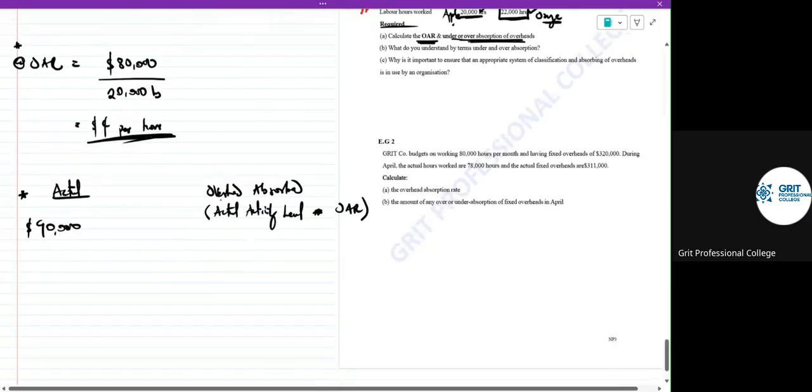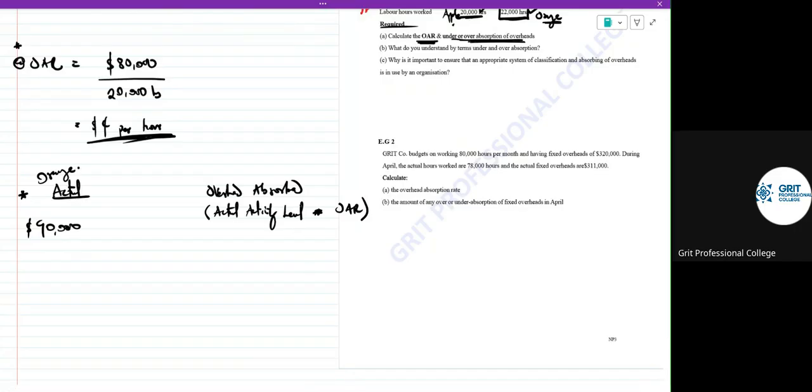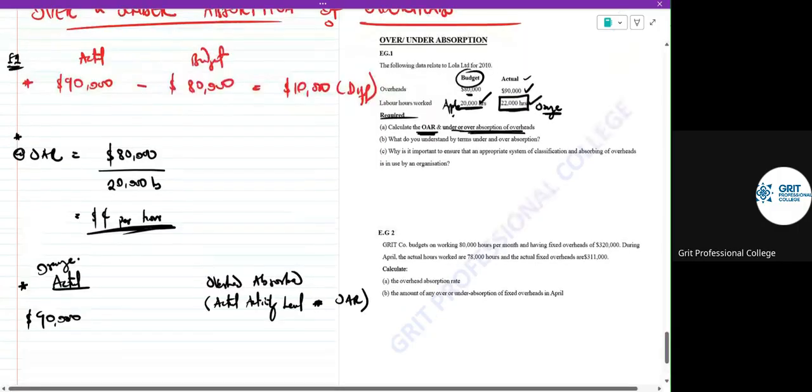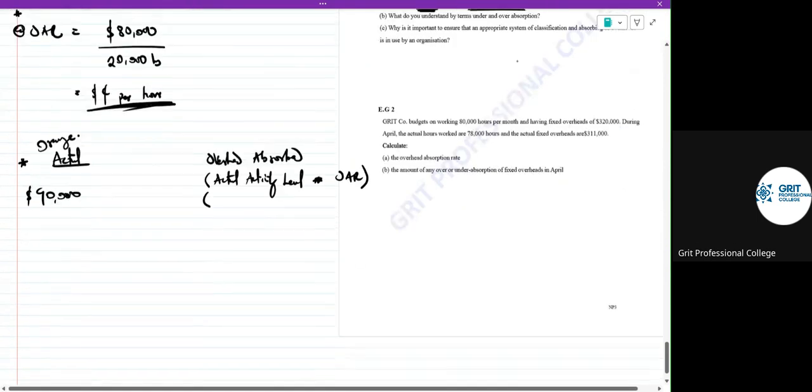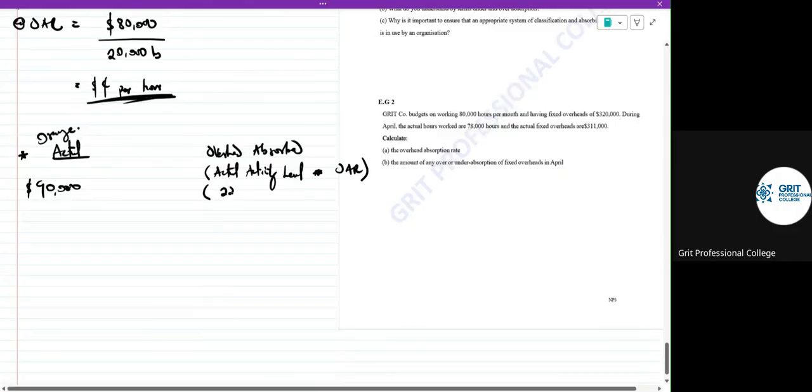All right. So I have an orange over here. And then I'm now coming to calculate another orange. And so where is that orangeness going to come from? The orangeness is going to come from this 22,000 hours. And so in computing the overhead absorbed, I'm going to use the actual activity level, which here is 22,000 hours.